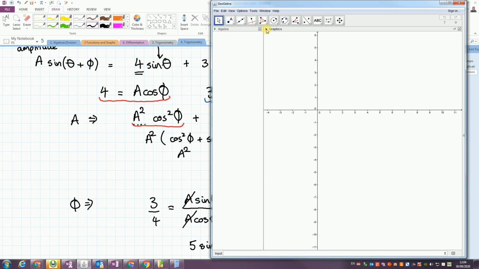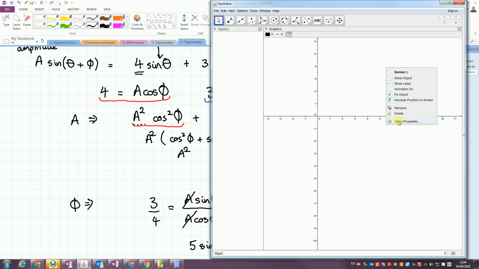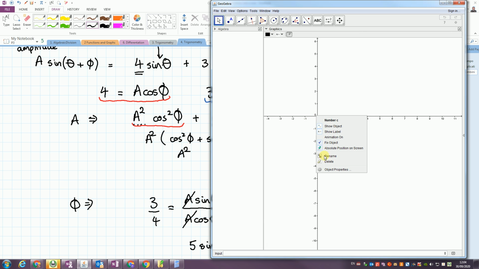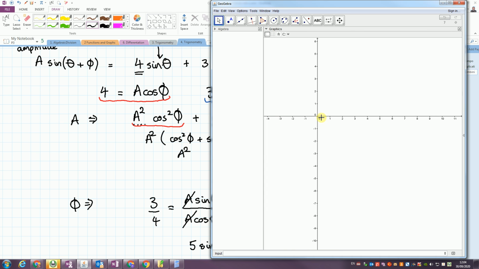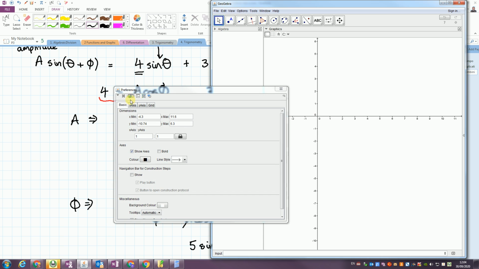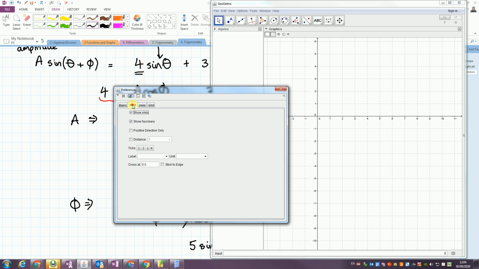Turn the grid on. Just do object properties. Give me my grid. Grid on. X-axis I'm going to work in pi's. Pi over 2 with ticks.